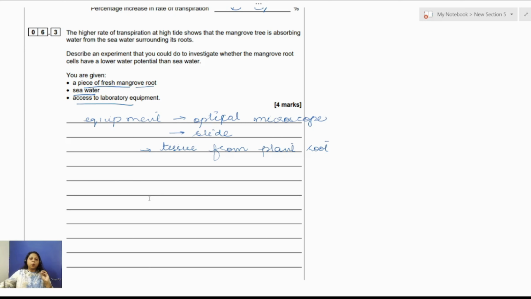First of all, we need to take the initial mass, okay, initial mass and length. Then place it in seawater for a given time. Okay, don't say sometime. Write the word given. For a given time.